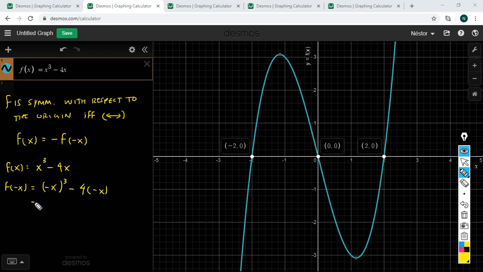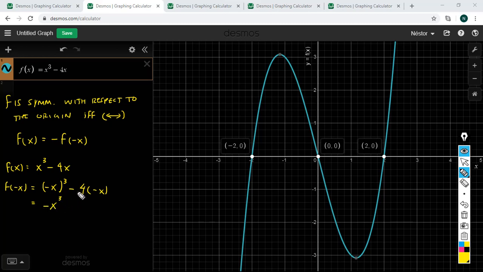Now I'm going to do a little algebra here. Minus x to the cube will be minus x to the cube, because when you multiply the negative sign 3 times by itself, you're going to get minus times minus, plus. And then that plus times another minus will give you minus. So that's why minus x to the cube is equal to minus x to the cube.